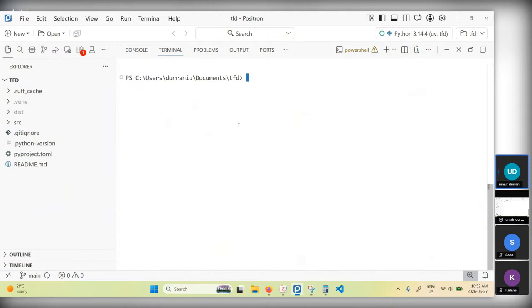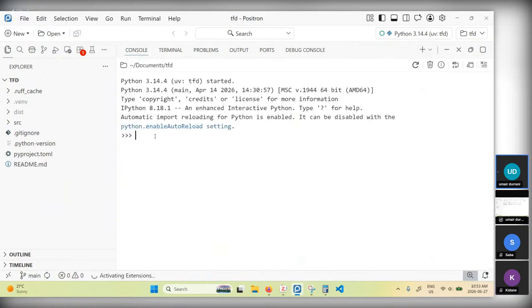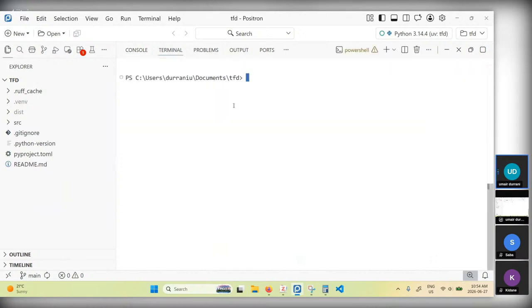Positron IDE, by the way, is very similar to VS Code because it is based on the same bare bones IDE that Microsoft uses to develop VS Code, but it is made particularly for Python and R users because it provides us this console right away. In VS Code, you need to get your terminal to show you the console, but Positron IDE has this built in, and it does the same thing for our programming language as well. So that's why I'm going to use this.